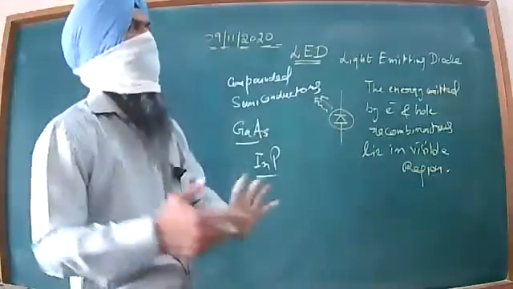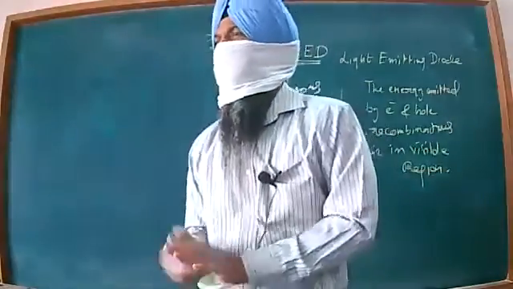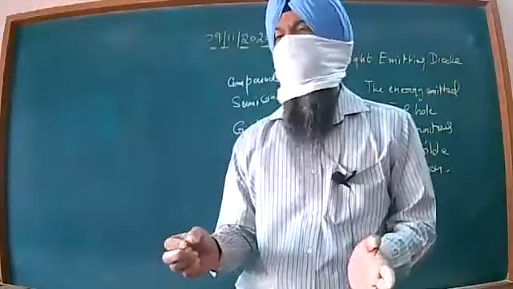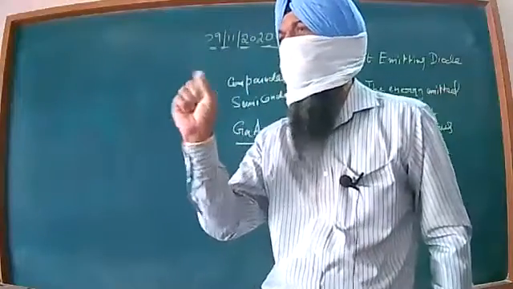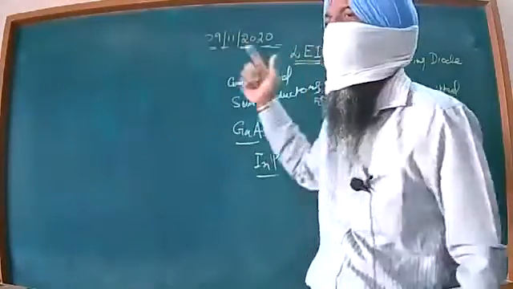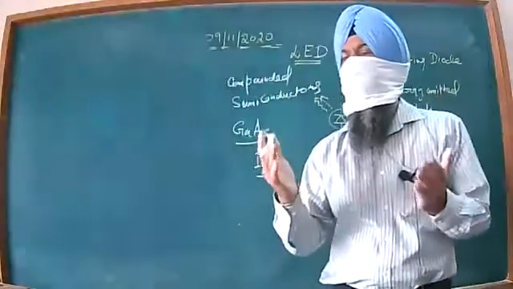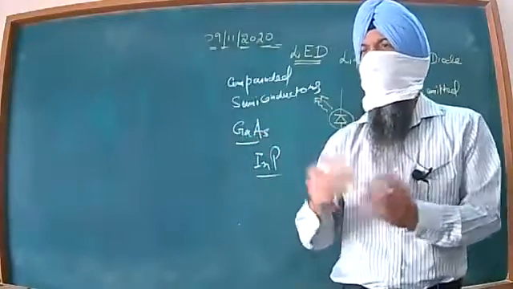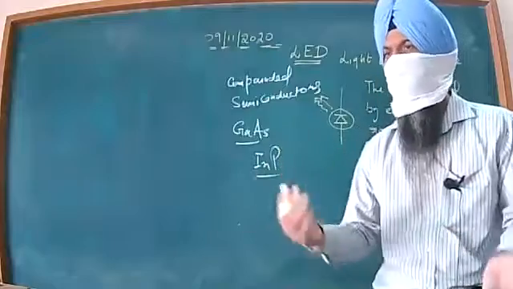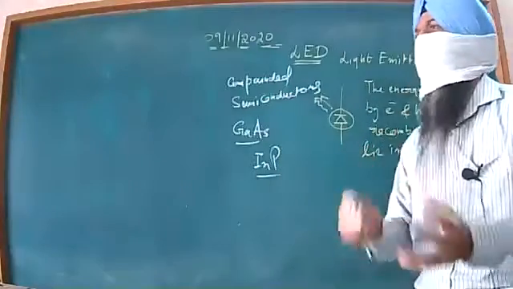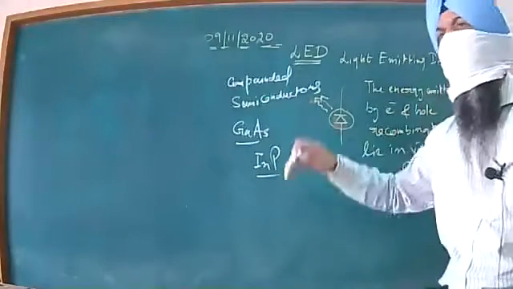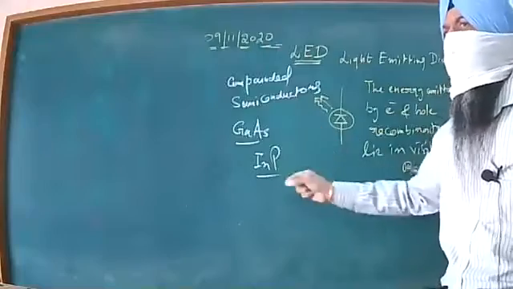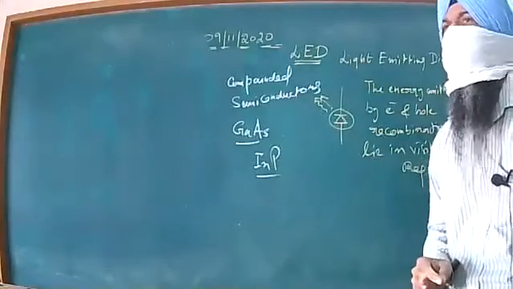You might have seen different types of display lights in the form of small bulbs that we call LEDs. Sometimes these are red in color, sometimes green, sometimes some other color. So it all depends upon the amount of energy that is given out when the electrons and holes are recombining.